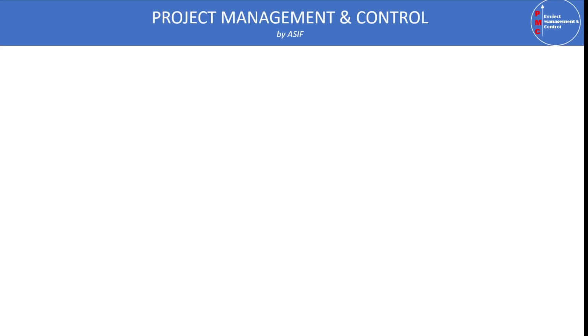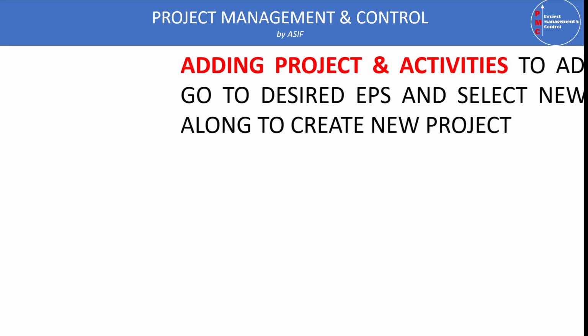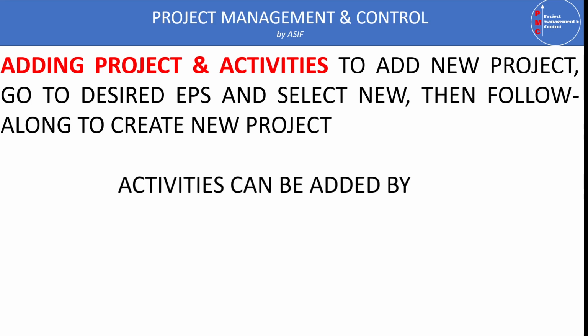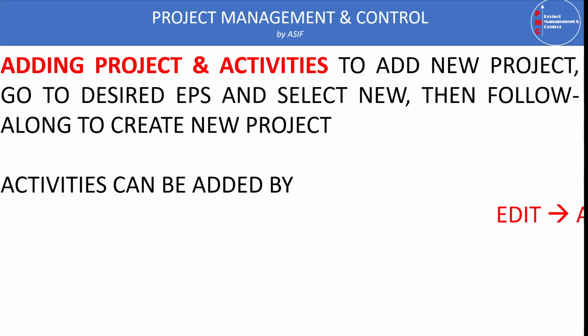Once you have defined your EPS, the next step is that we need to add projects and then activities in the projects. To add the projects, we have to go to the desired EPS and then select new. When you select new, some windows will come out asking for the project name, your EPS location, responsibility manager, some resource assignment, some calendars.